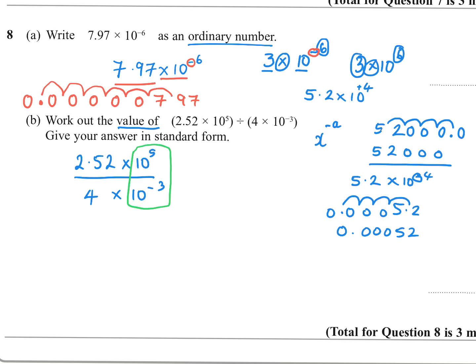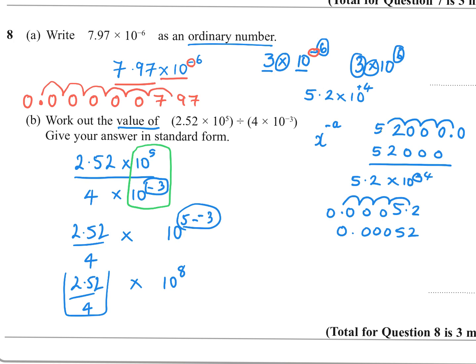So this part would stay the same. You could almost split it up into two different parts. So we'd have 10 to the 5, take away this power, and be careful, it's already negative. So we're taking away a negative, which is adding. So we'd have 2.52 over 4 times 10 to the, well, this would be 8.